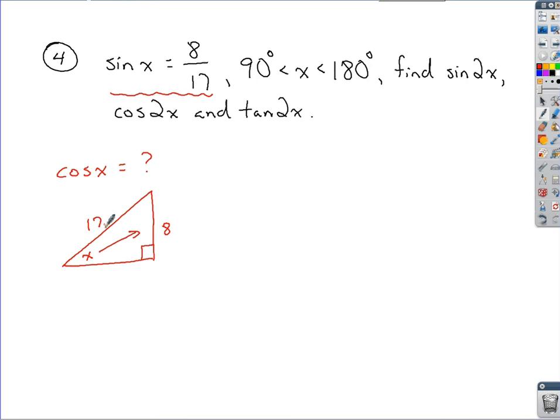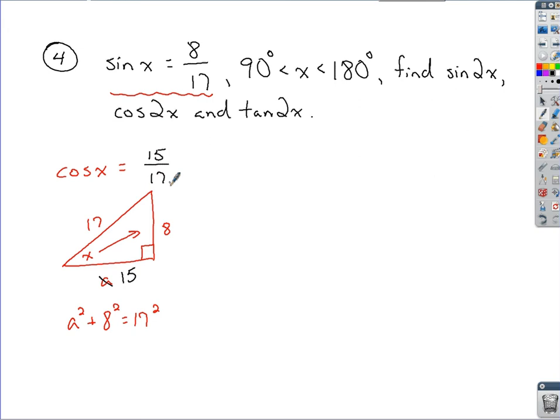We need to find the adjacent side here, so if you have to, you do a squared plus 8 squared equals 17 squared and solve for a. But if you recognize the triple, we've got a Pythagorean triple of 8, 15, and 17. So the cosine of x, adjacent over hypotenuse, based on this triangle, we've got 15 over 17.